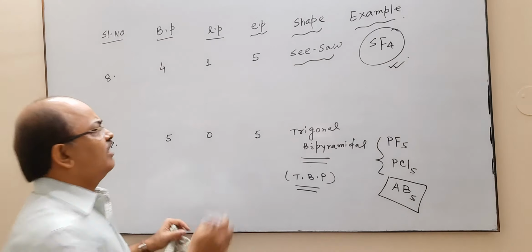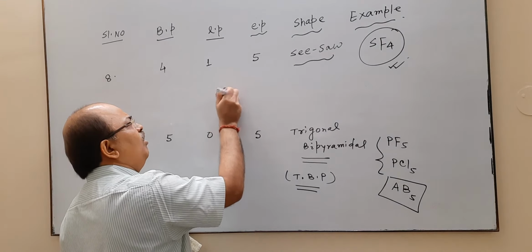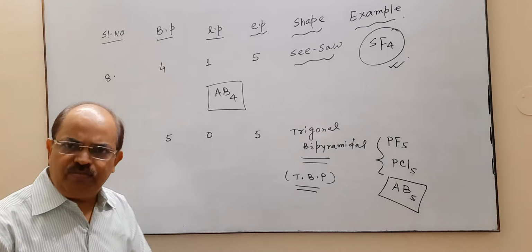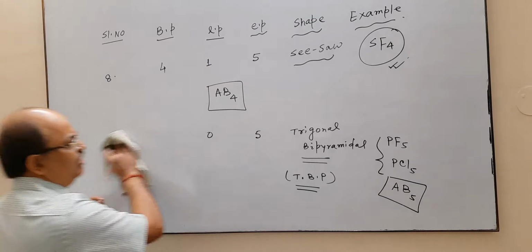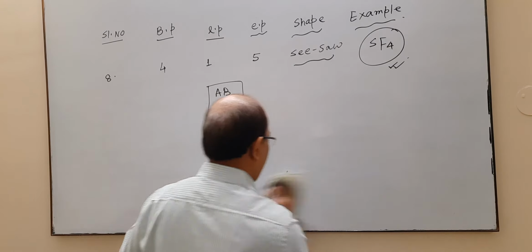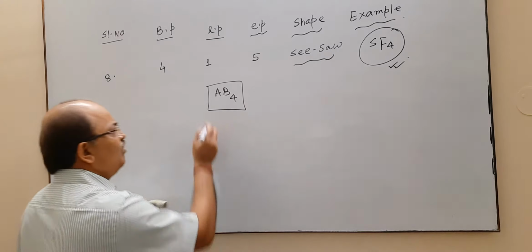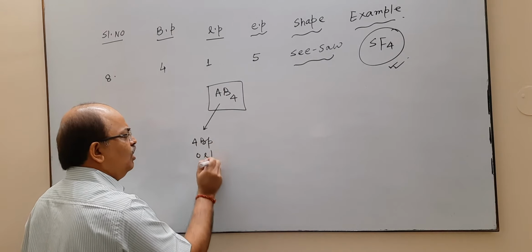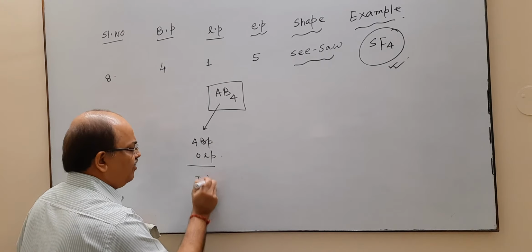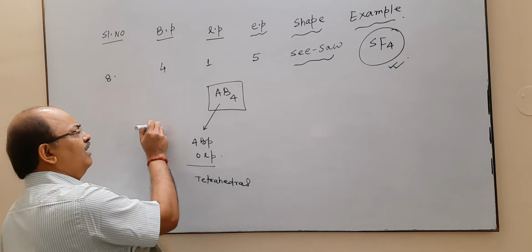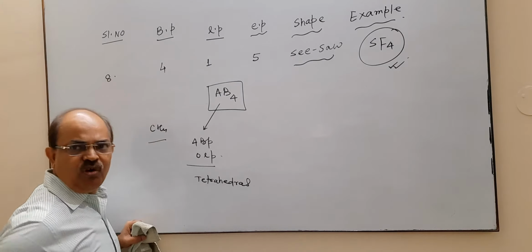So if somebody asks you about a molecule of AB4 type, let us suppose if a molecule is of AB4 type but it has 4 bond pair, 0 lone pair, then its shape will be your tetrahedral such as CH4.